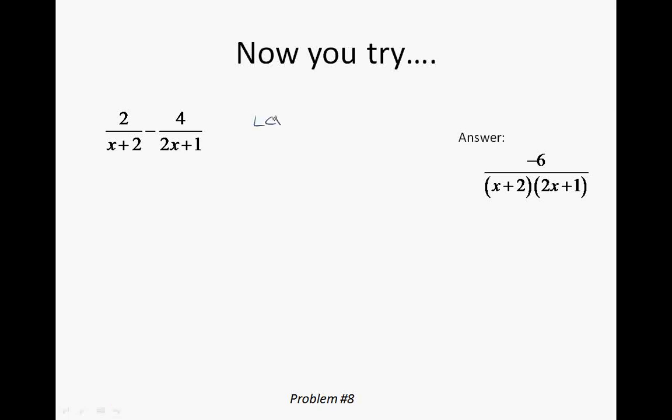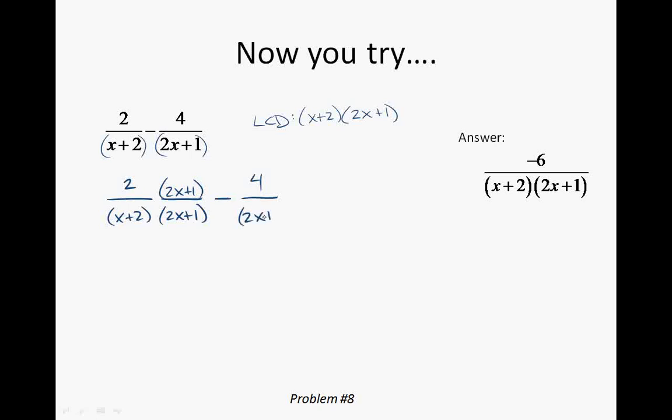All right, so least common denominator. If I have x plus 2 and 2x plus 1, I'm just going to have to use the product of those two. So I'm going to take the first fraction, 2 over x plus 2, and I'll multiply it by 2x plus 1 over 2x plus 1, minus 4 over 2x plus 1, and that's going to be multiplied by x plus 2 over x plus 2.